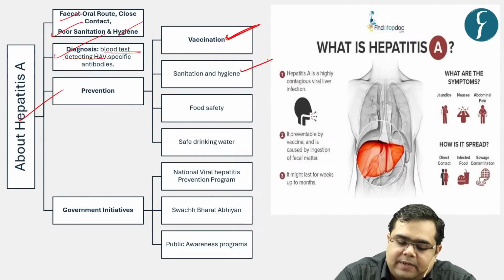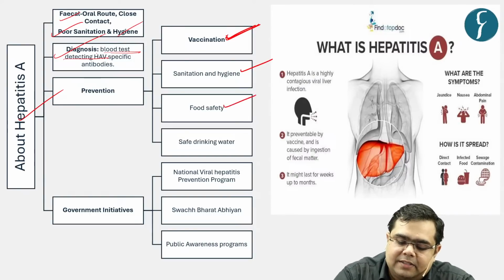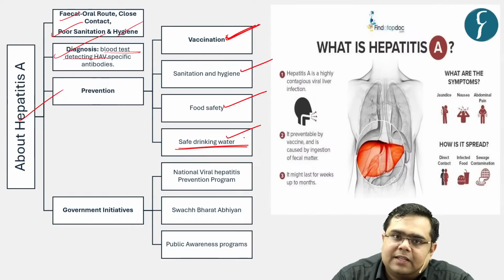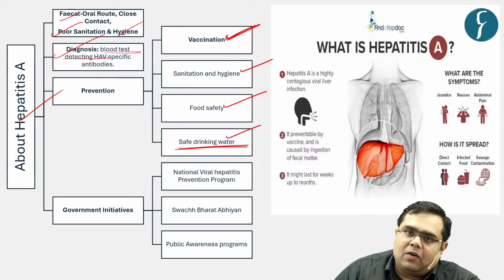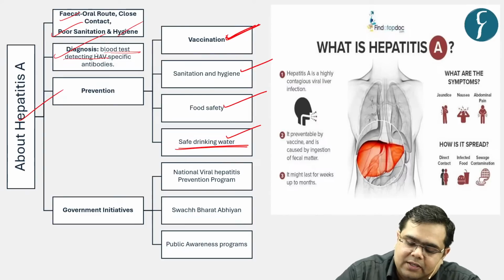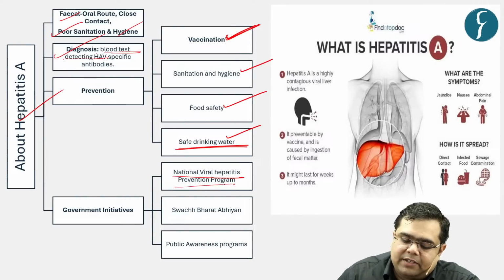Then another step that is needed is with respect to sanitation and hygiene. There is a need for food safety and safe drinking water, right? Because if the water source is polluted, it will go inside the body and the virus will spread and inflame the liver, right? Now, what have been the government initiatives till now in this context? The government has come up with the National Viral Hepatitis Prevention Program.